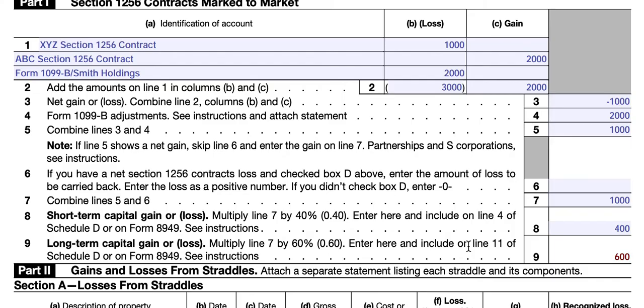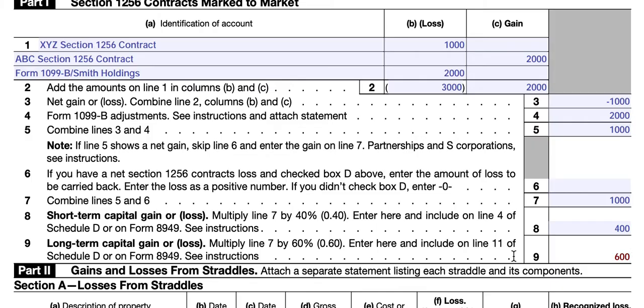Line 9, the long-term capital gains: once you've calculated that amount, you'll include those on line 11 of Schedule D or on Form 8949. And again, if you deferred part or all of that due to an investment in a qualified opportunity fund, then you would need to enter it into Part 2 with either box E checked, indicating that you received a brokerage statement, or box F checked, indicating that you did not receive a brokerage statement.